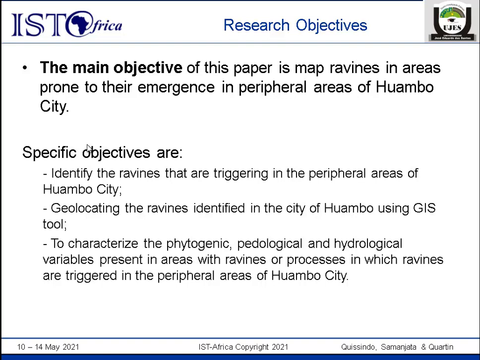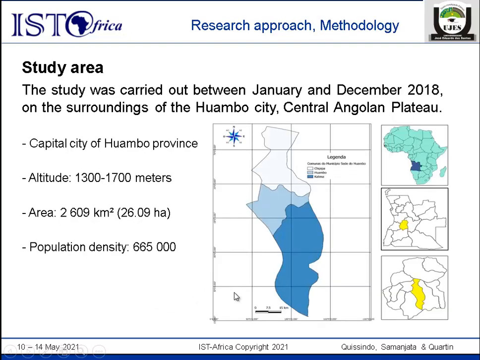We geolocated the ravines identified in Huambo city using GIS tools, and we characterized the phytological, pedological, and hydrological variables present in areas with ravine processes in the peripheral area of Huambo city. The study area is Huambo municipality headquarters.